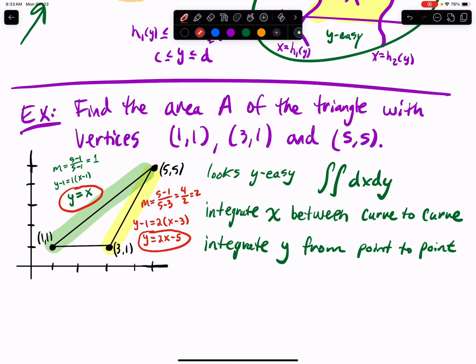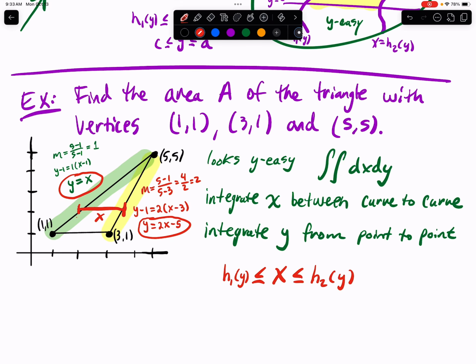So the x value spans between two curves, where h is a function of y here and h is a function of y here.